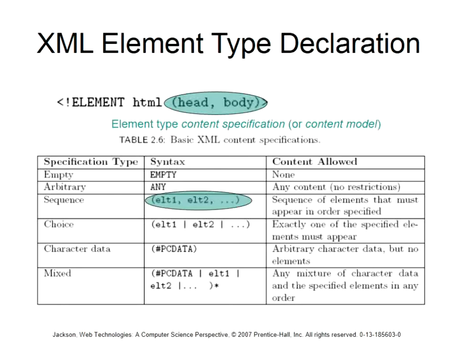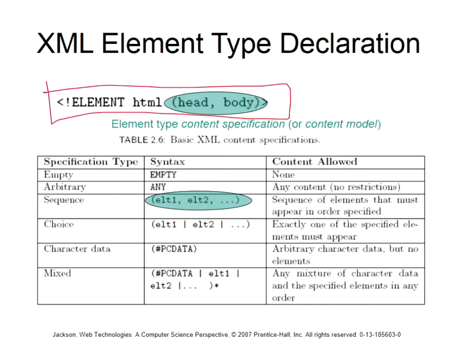And here, when we have element 1 comma element 2 comma element 3, this sequence represents a sequence of elements that must appear in the order specified. So let's return to our rule.